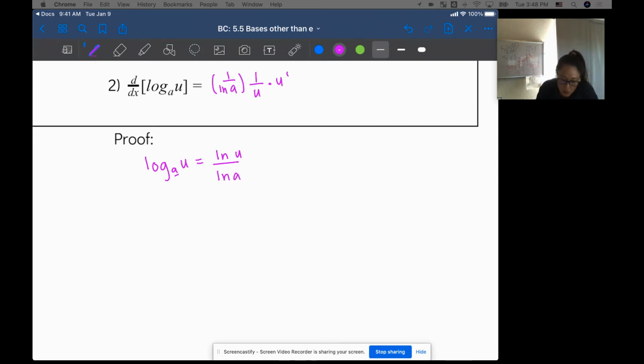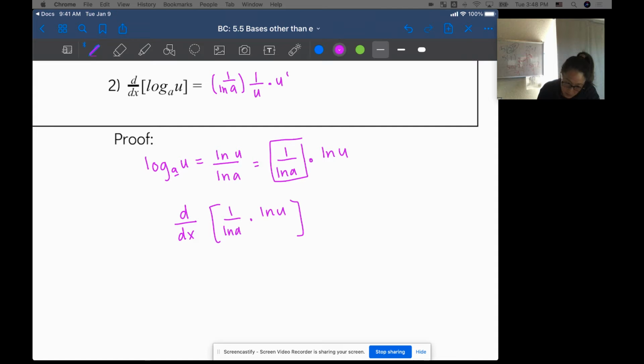I can split this up as 1 over the ln of a times the ln of u, just so it looks a little different. Remember this part? That's just a constant, a scalar. So I have d dx of 1 over the ln of a times the ln of u.